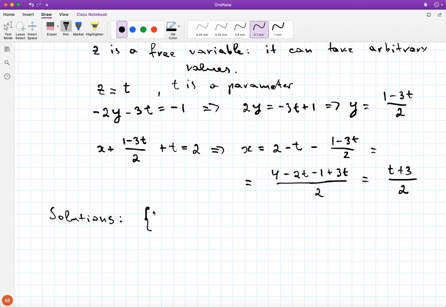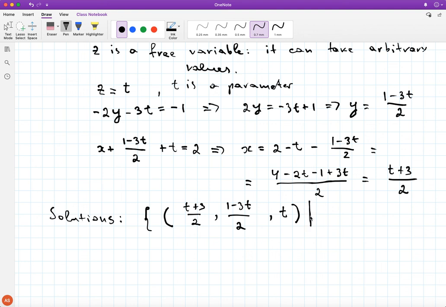Curly brackets indicate that there are many solutions, and we're listing those solutions in between curly brackets. Each solution looks as follows: (t plus 3) over 2 for x, (1 minus 3t) over 2 for y, and then t for z.